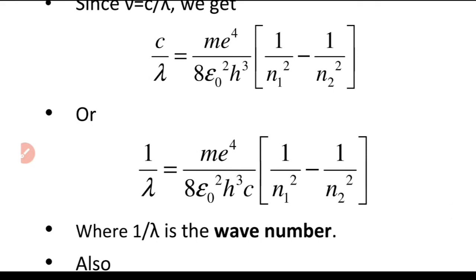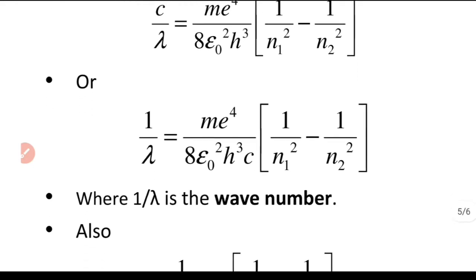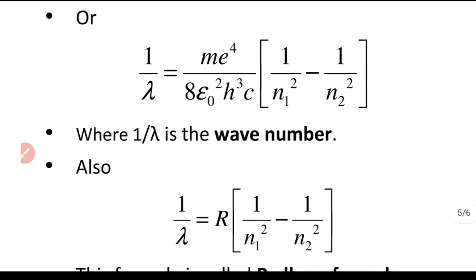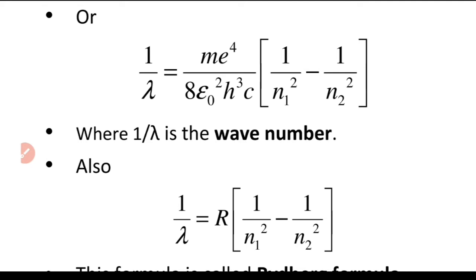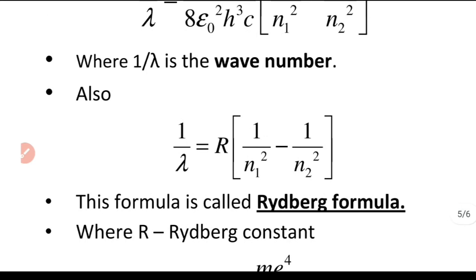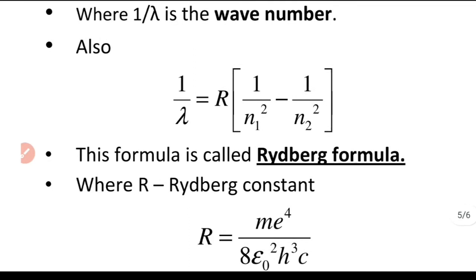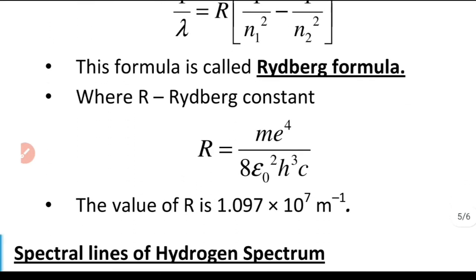The constant m e^4 by 8 epsilon 0 square h cube c can be calculated, and we get the same Rydberg constant which we got in Balmer's empirical formula. The value of R is 1.097 into 10 raised to 7 per meter.